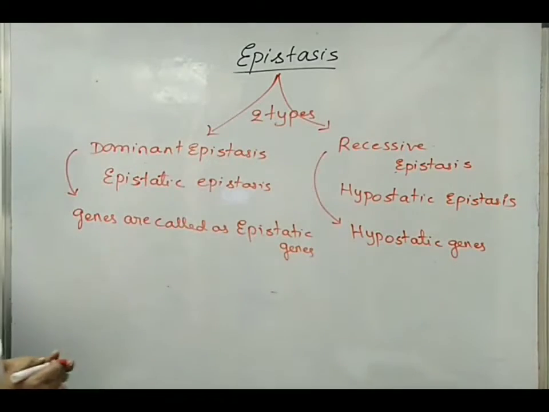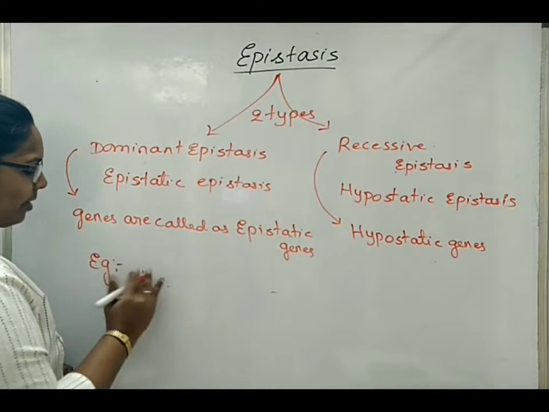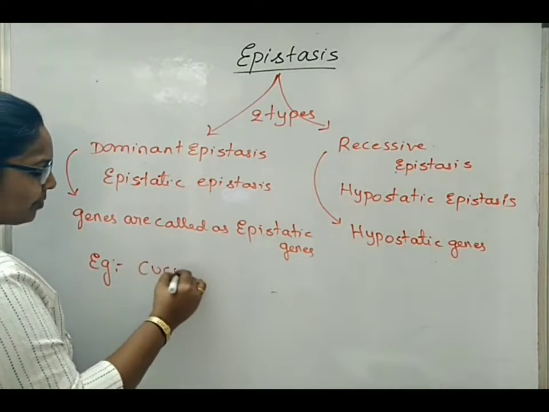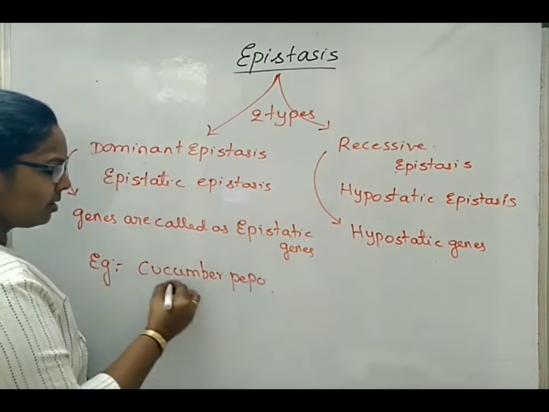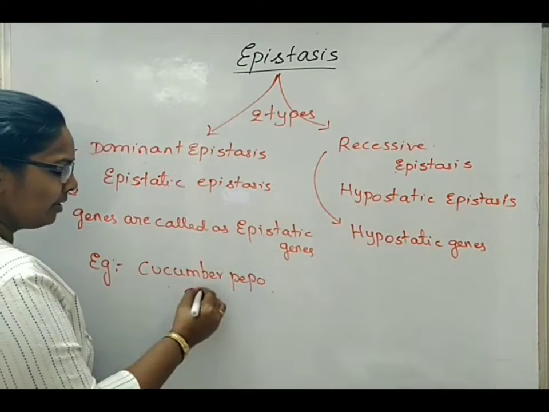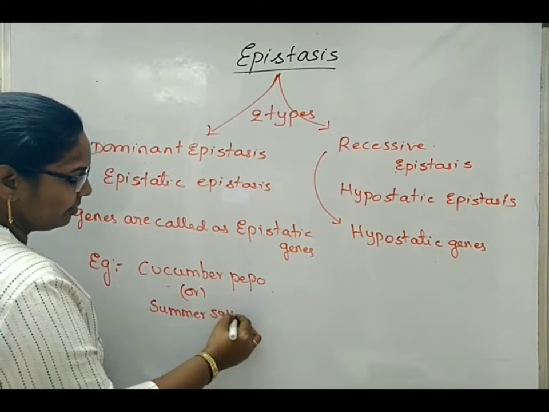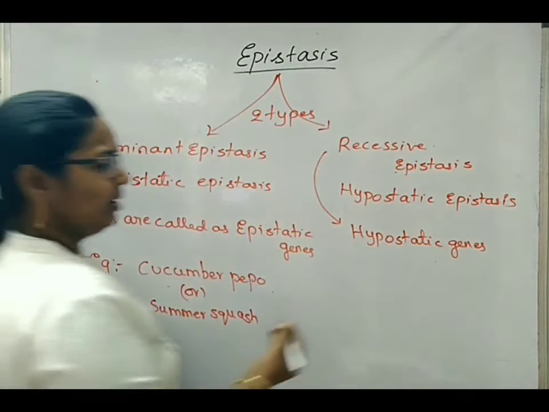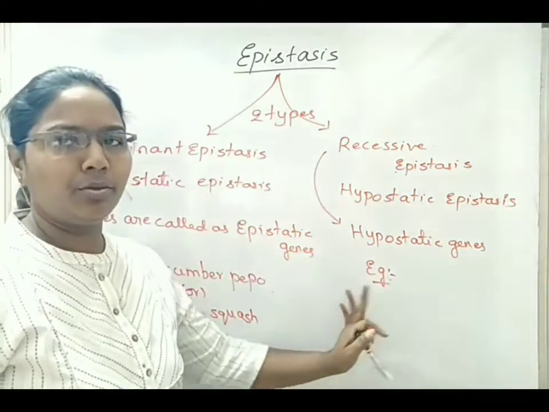Here I gave you an example, Cucurbita pepo, that is the botanical name. It is commonly called summer squash. Now, this example we don't have in our syllabus, still let's know the difference.